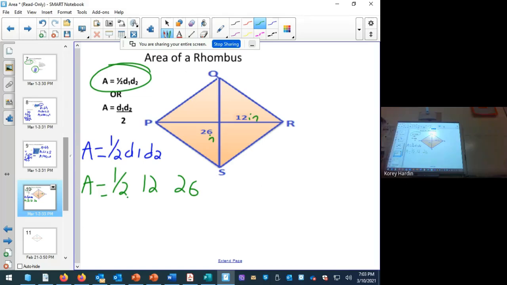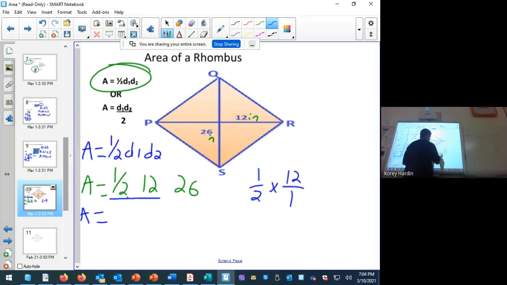But what I do here is I multiply because they're all touching. All right? So, area equals, I'm going to multiply these two together first. 1/2 times 12 over 1. We cross reduce, that's not 6, that's 1. This one's 6. So 1 times 6 is 6 over 1.